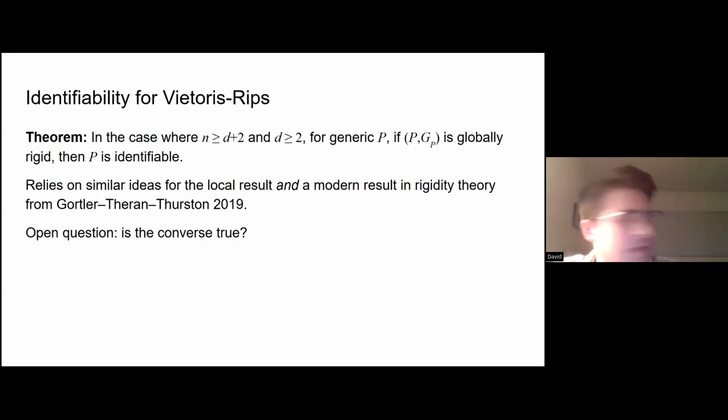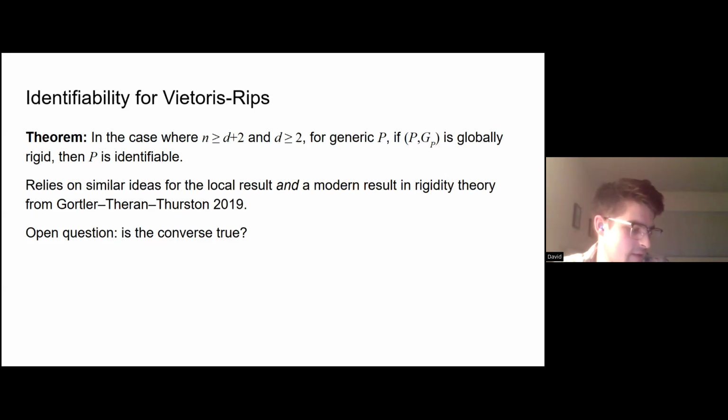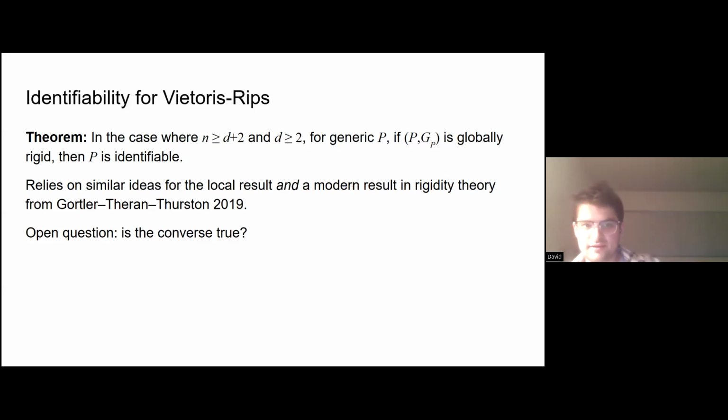So this gives a pretty efficient way of calculating the local dimension of this space generically, and this is something I'm thinking about now, using this for some simulations. What I'm interested in is what's happening randomly, if I take a random point cloud. Yeah, cool. Thanks.